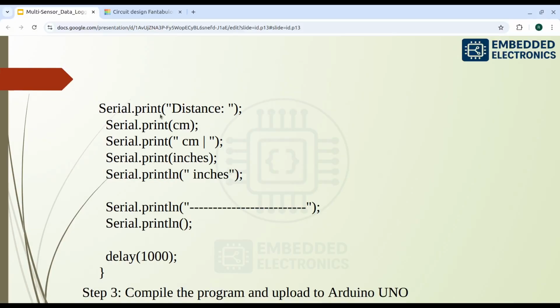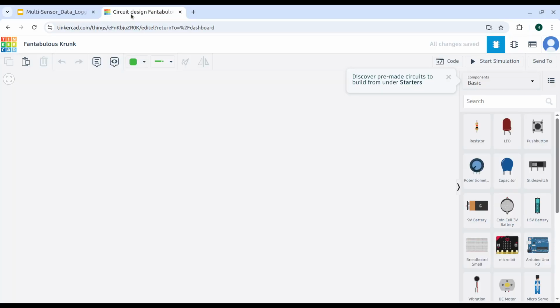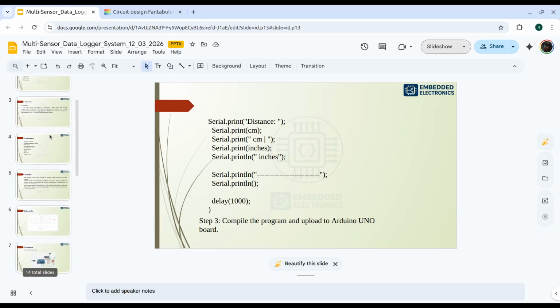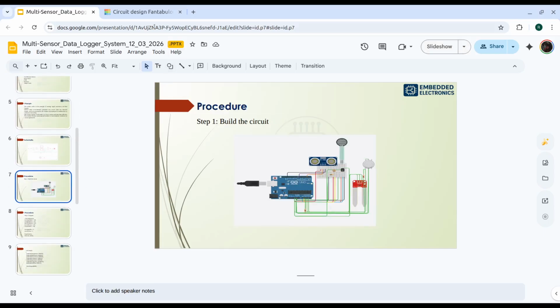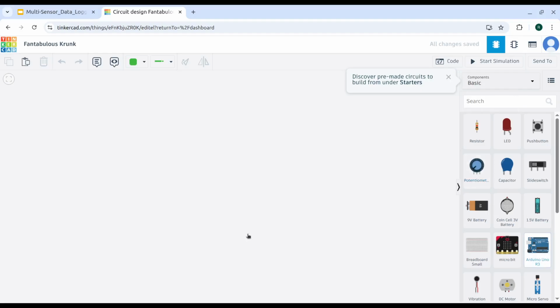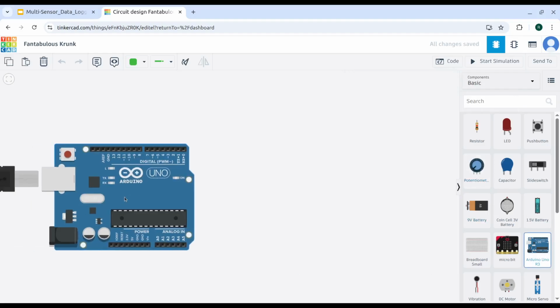Now we need to build the circuit diagram using the Tinkercad simulator. So what are the required components? Let's see in the circuit diagram. First we need an Arduino Uno, then one breadboard.